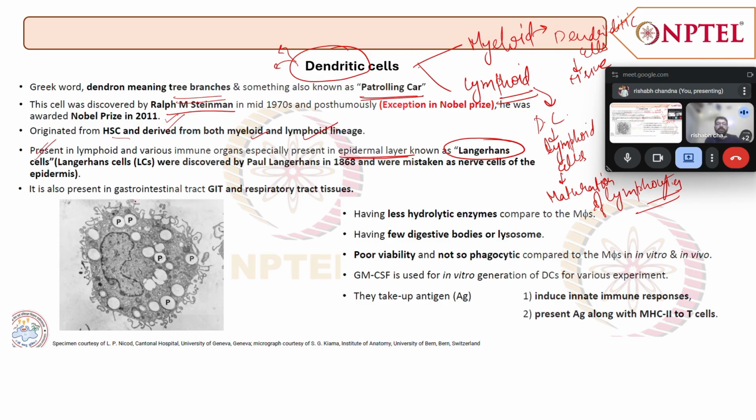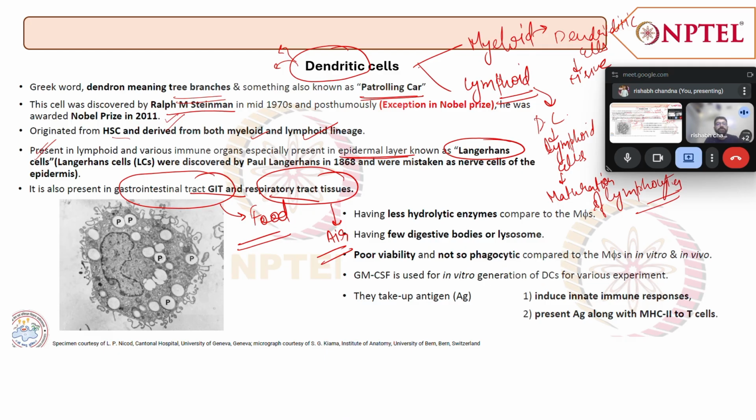They are also present in the gastrointestinal and respiratory tract because these tissues are very prone to infection by pathogens. The gastrointestinal tract is in direct touch with the food coming from the outside, and the respiratory tract is in direct contact with the air that we inhale.